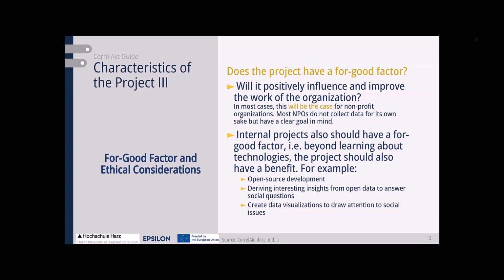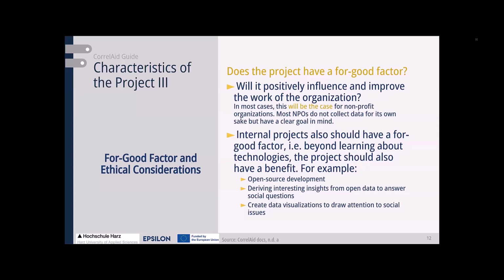Another thing, beside the educational factor, is the for good factor and the ethical considerations. So the question you should ask yourself is, will the project positively impact and improve the work of the organization? So before you start to invest time and your own free time into a project, you should ask yourself, what is the impact of the project?